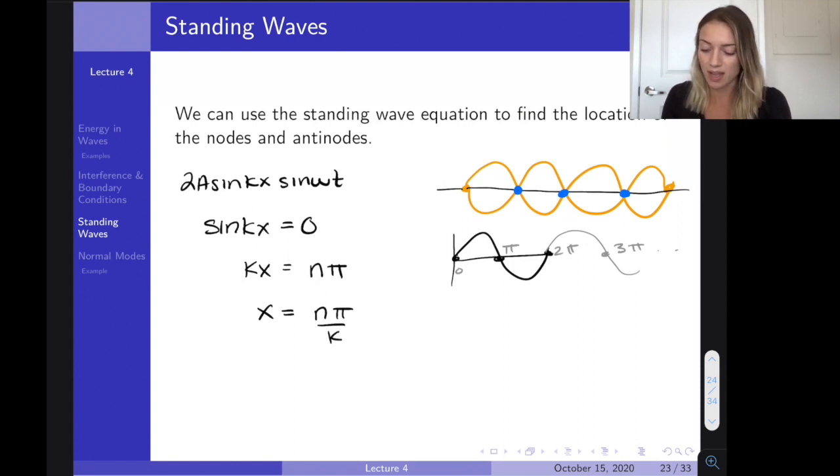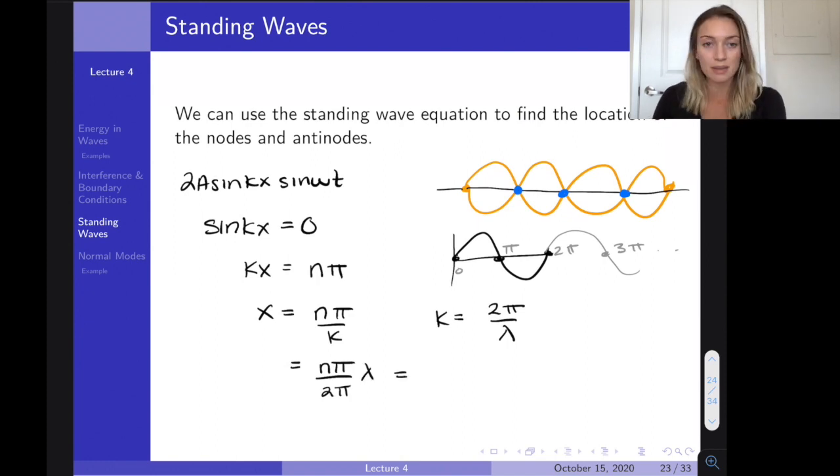So you have x equals n pi over k. And now let's change from k to the wavelength. Remember, k is equal to 2 pi over lambda. So I'm just going to replace k with 2 pi over lambda. That gives me n pi over 2 pi over lambda. So I can see my pi's will cancel, and I get n lambda over 2, where n is some integer.